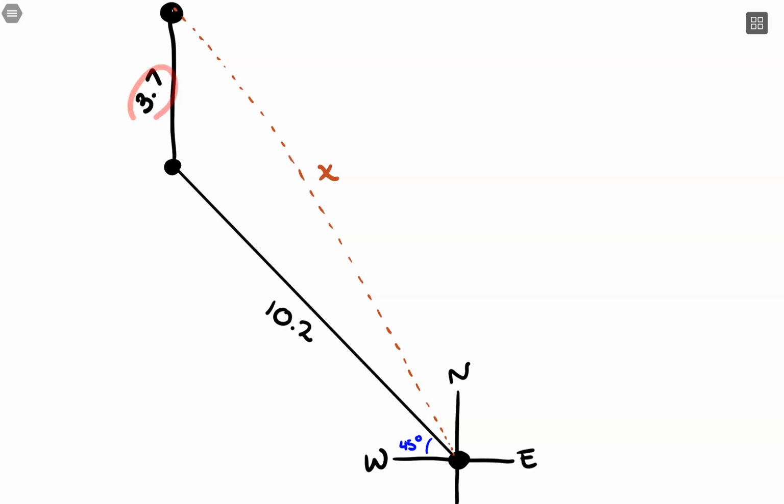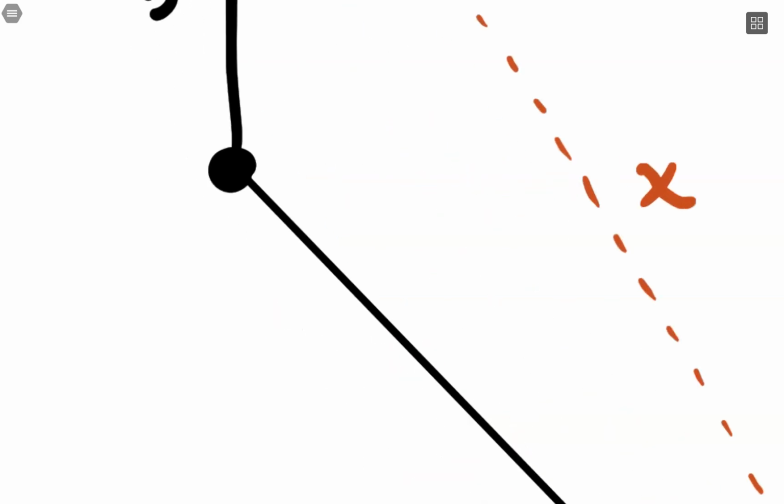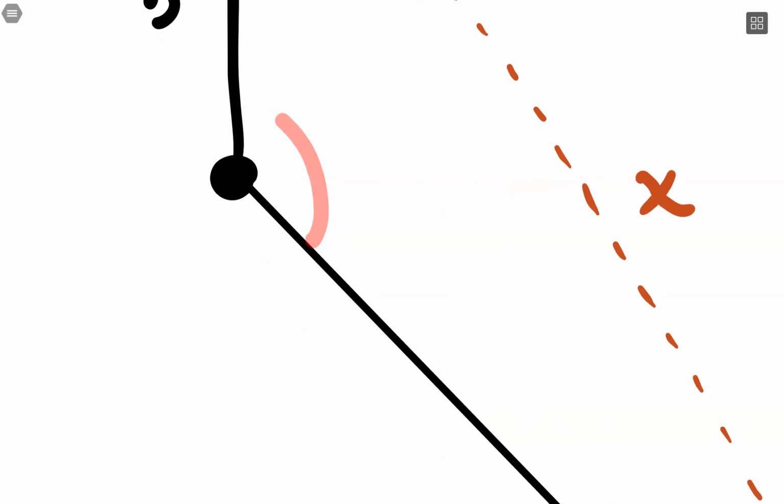We have 2 of our side lengths, and let's see if we can find some other angle measurements in here. Let's zoom in right here to this angle measurement. Let me draw my compass there again. This piece right here, we came at it from a 45-degree angle, and that's how it hits right here.